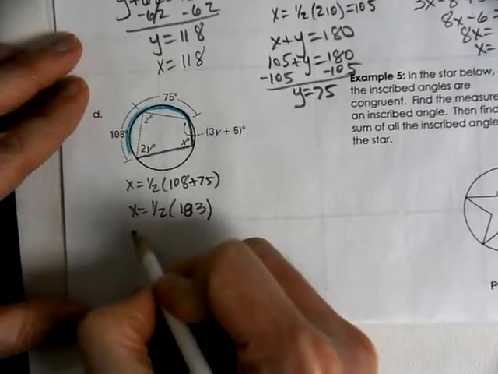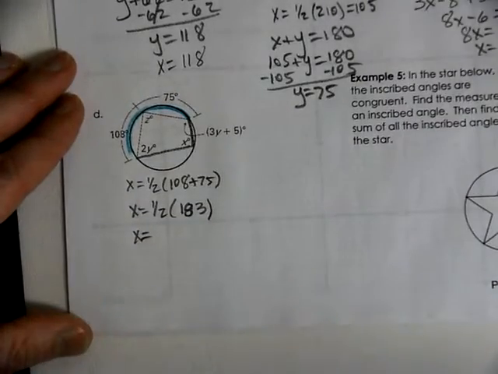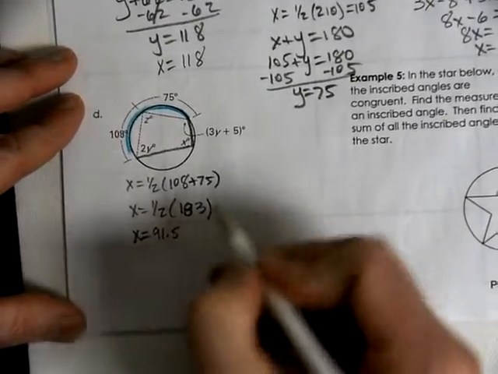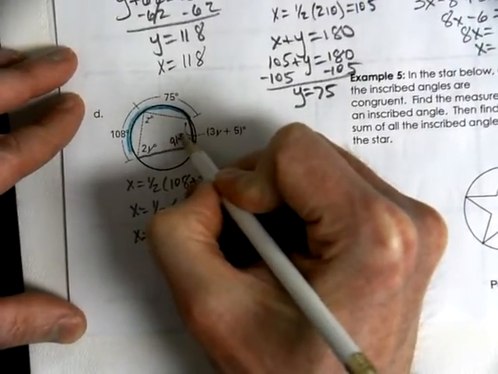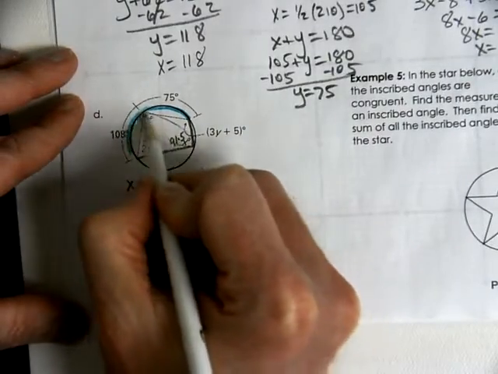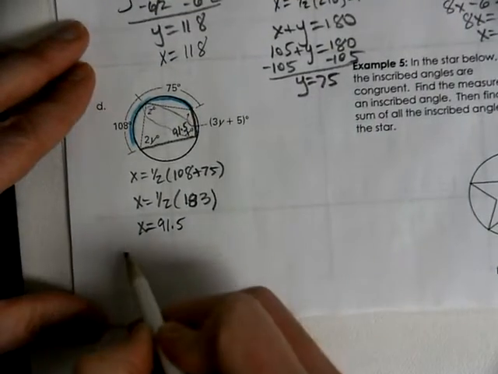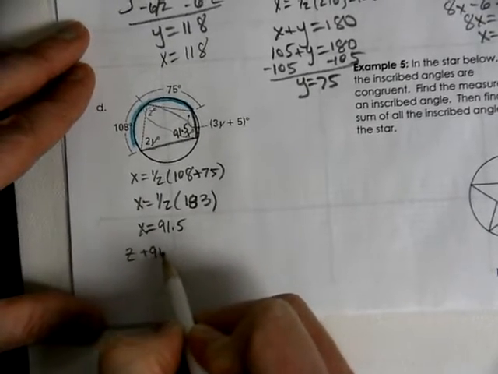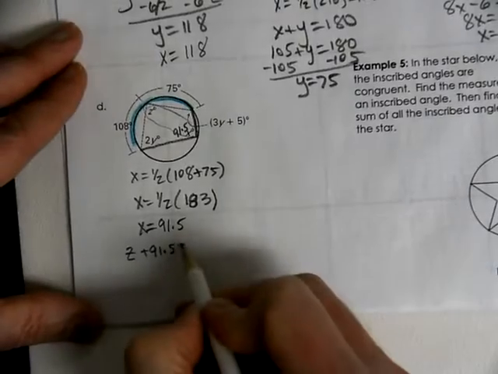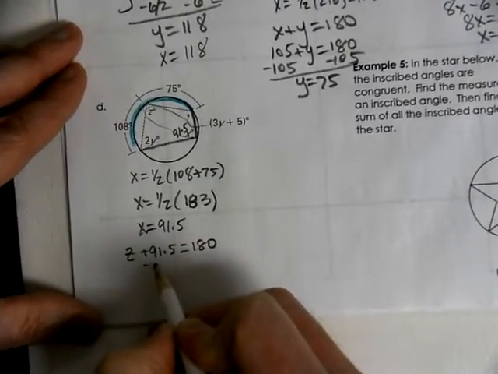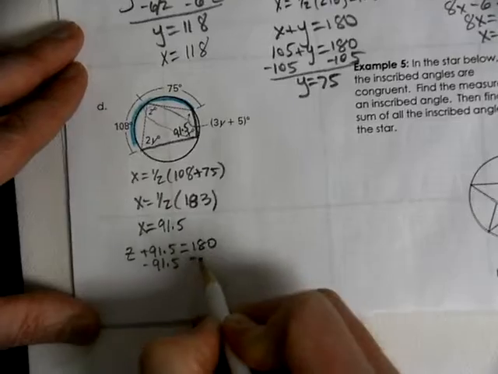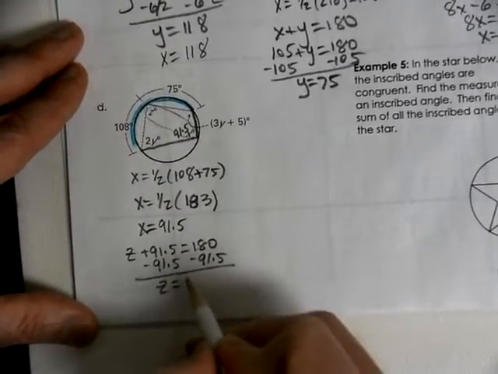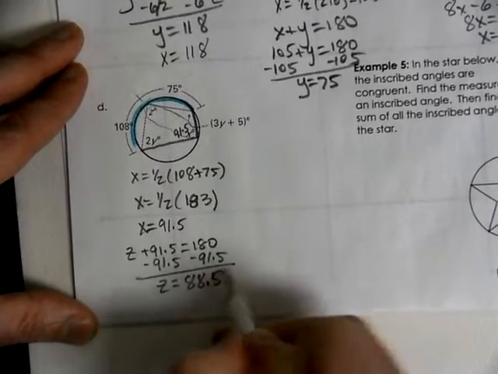So half of that gives us 91.5. So this is 91.5, which makes z be supplementary with that. So z plus the 91.5 has to add up to 180. So we'll subtract the 91.5 across, and that's going to give us 88.5.